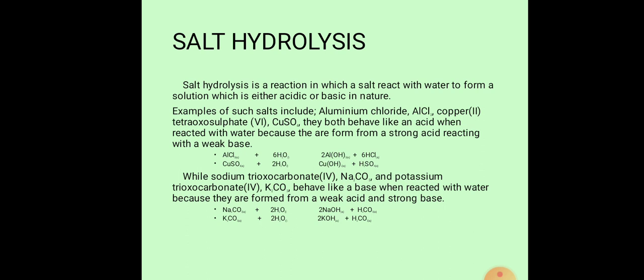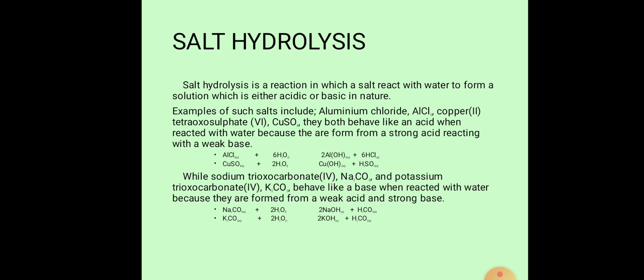In the second case, a good example of a salt that behaves like a base when dissolved in water includes the trioxocarbonate IV of sodium and potassium. When sodium trioxocarbonate IV is dissolved in water, two products are formed. Sodium hydroxide is formed and trioxocarbonate IV acid is formed.